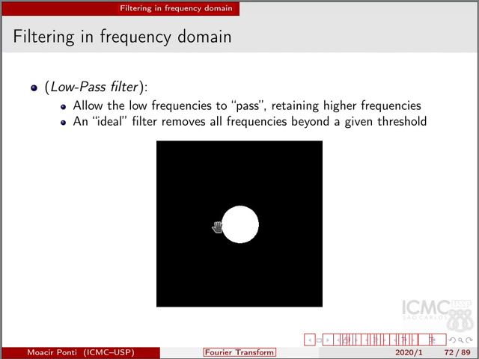See that we use a circle here. This is because we are maintaining all the low frequencies in a symmetrical way. But we can also design filters that have other shapes. By using a circle, we have what we call an ideal filter, because we remove all frequencies beyond some given threshold.